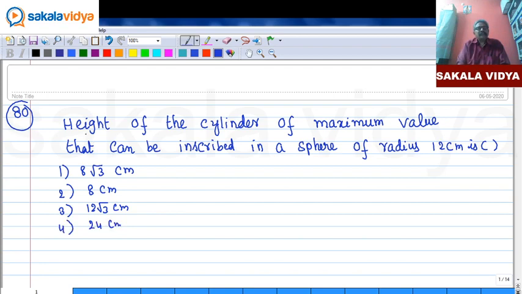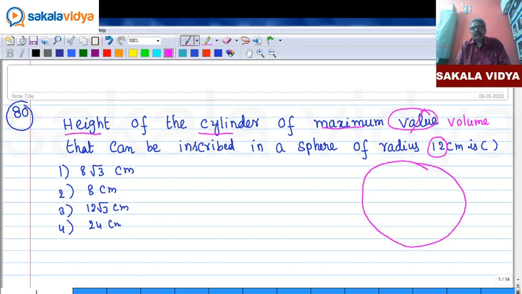The height of the cylinder we need to find out, the H value of the cylinder of maximum volume that can be inscribed in a sphere of radius 12 centimeters. So that means actually this is a circle in which a cylinder has been inscribed.